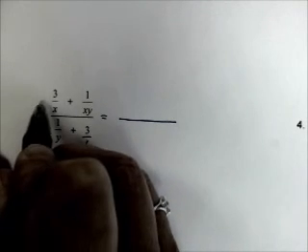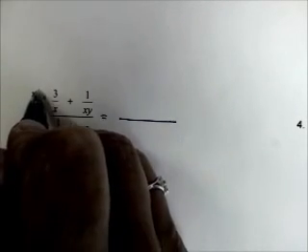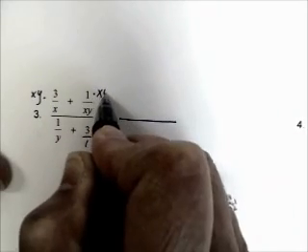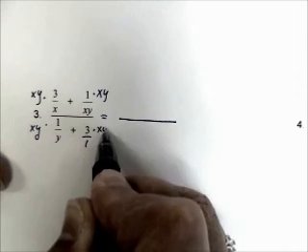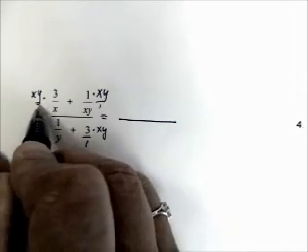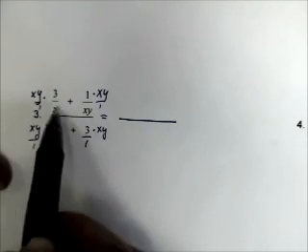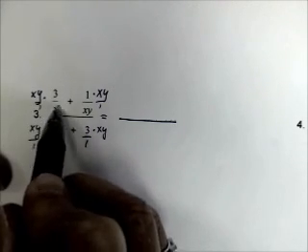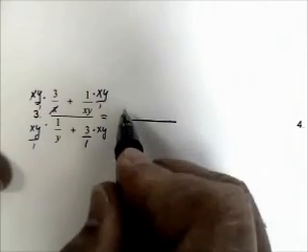So we're going to multiply every single term by xy. Again, if you don't like this, you can write it as xy over 1, if you prefer to do that. Okay, before I multiply here, x is common. That'll divide out. 3 times y is 3y.